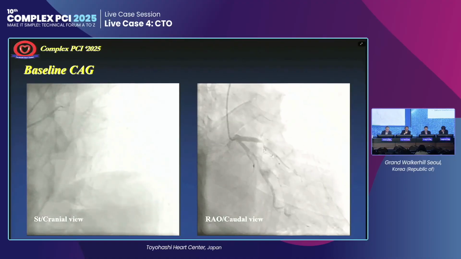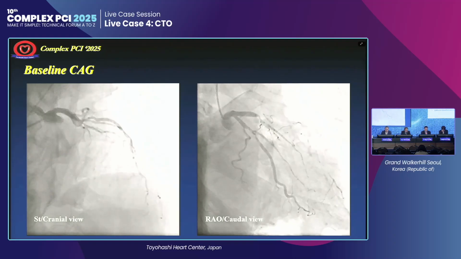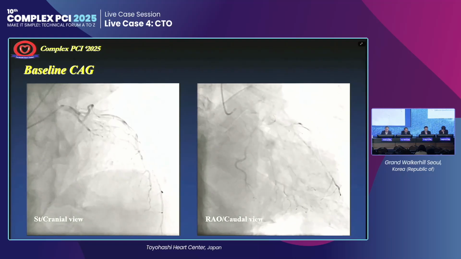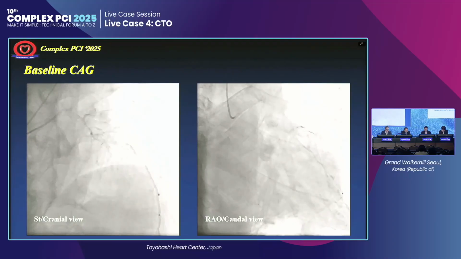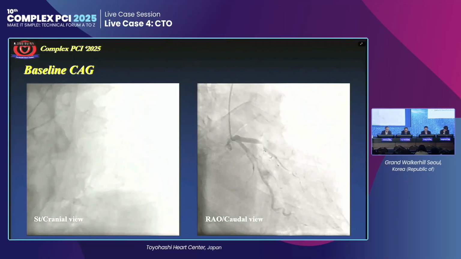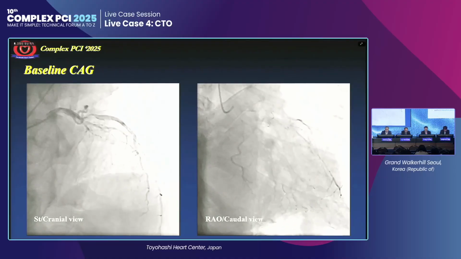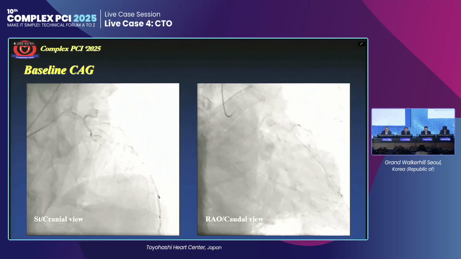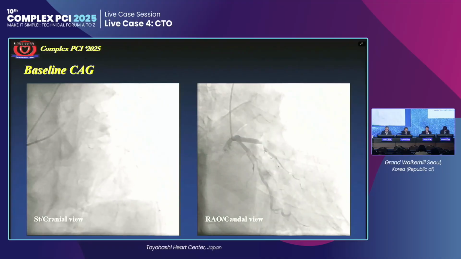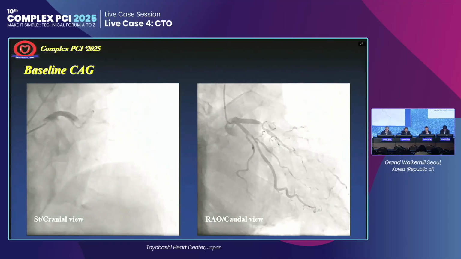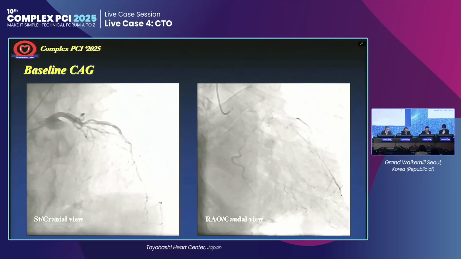At that time we thought this LAD looked like a subtotal lesion. The RCA had very positive remodeling, so we decided to treat the LAD first because this vessel is a jeopardized collateral site, and chose PCI for the LAD first.